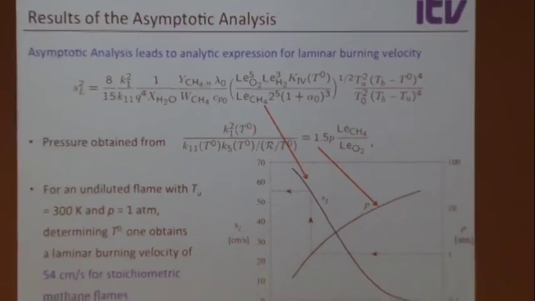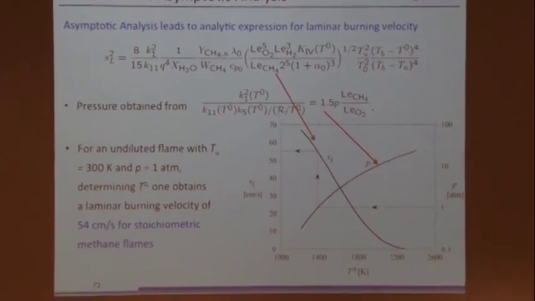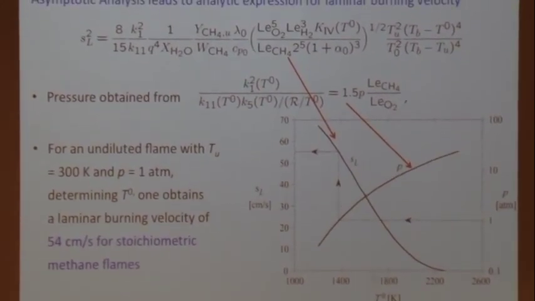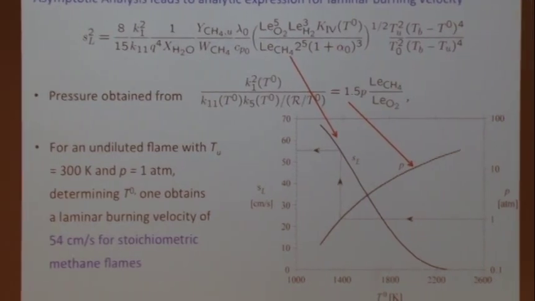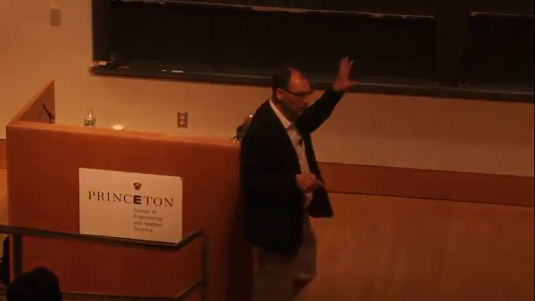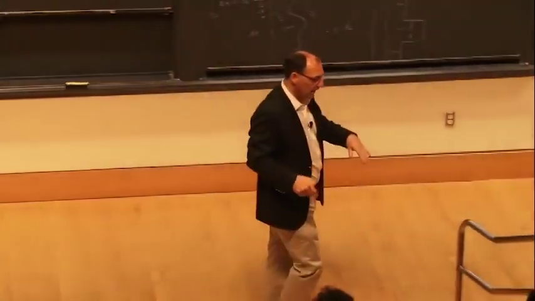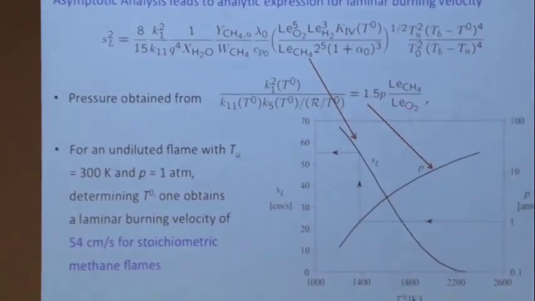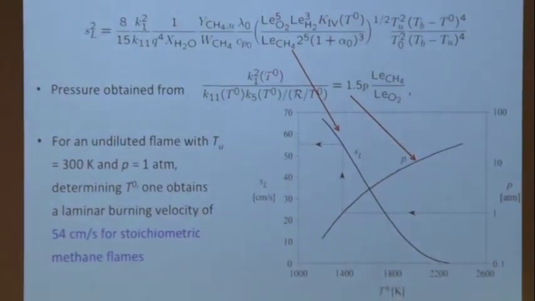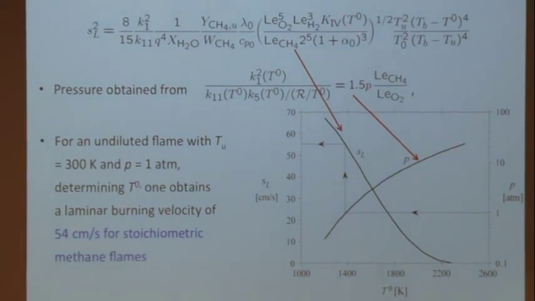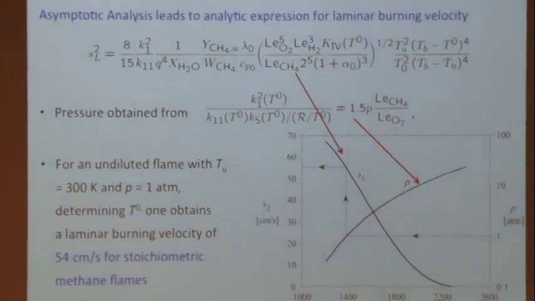The inner layer temperature here is computed considering the radical consumption in this reaction 5, H plus O2 plus M, but also in reaction 11, which is the fuel consumption. Okay? And so this is why it's a little different. There's an implicit relation here. But this here gives you the inner layer temperature as a function of pressure, and then this here gives you SL as a function of inner layer temperature.